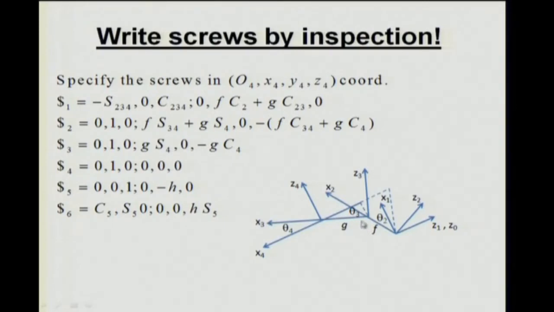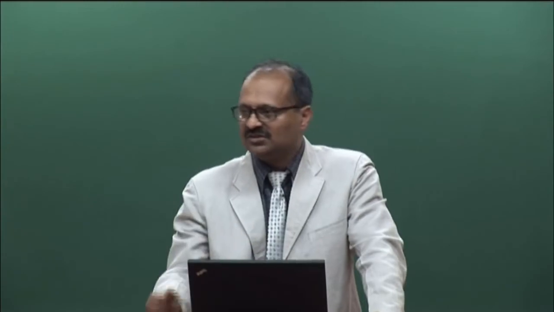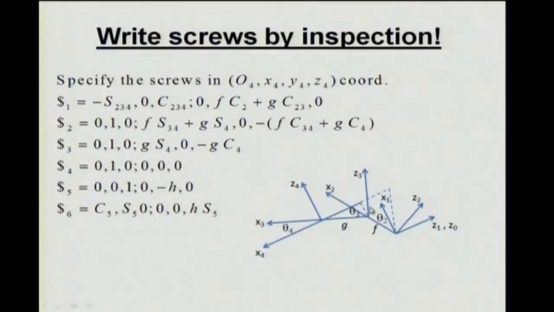And what is the magnitude of that? This angle is theta 4, so it is g sin theta 4. That is the moment about the x axis. Now when you pull on this, the rotation is going to be in this direction, so it points along the x4 axis.